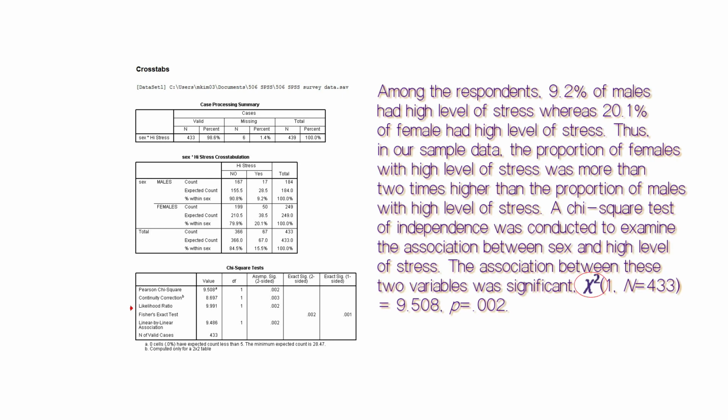And this symbol refers to chi-square. And the values in the parentheses are degrees of freedom and the valid cases for chi-square test. And the value of 9.508 is the chi-square value, and the last one refers to p-value.